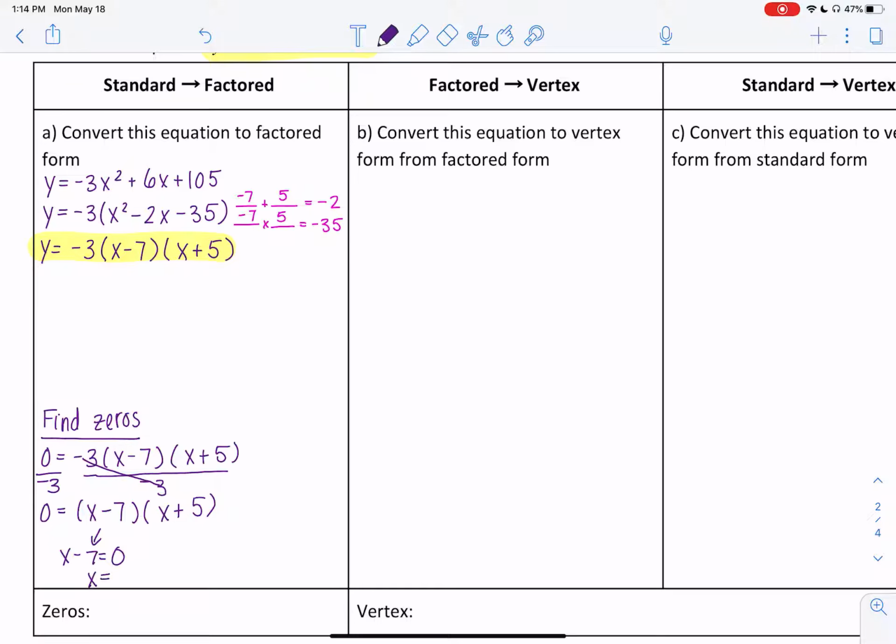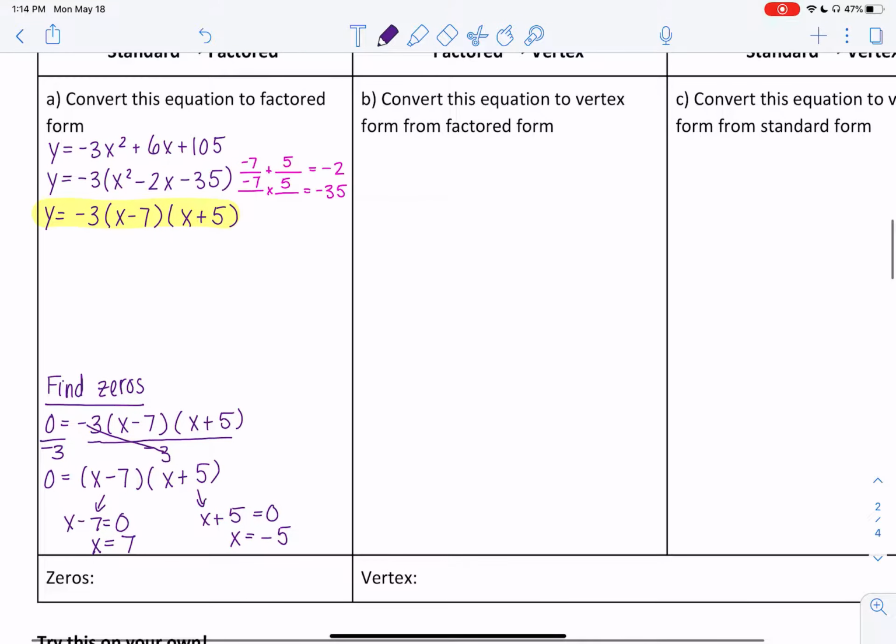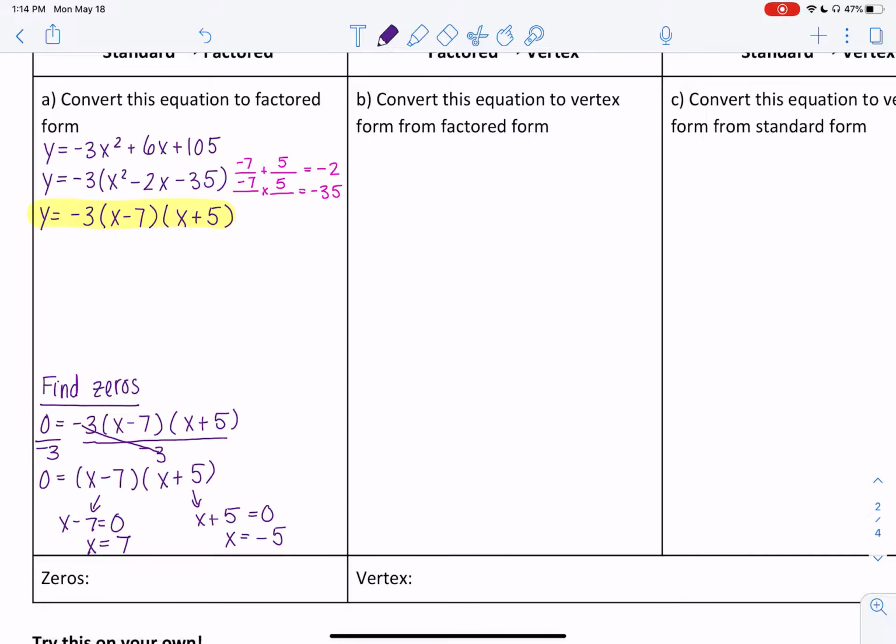So that will give us x equals +7. And we get x plus 5 equals 0. So that gives us x equals -5. So now, in addition to having our factored form, we've also used it and showed how useful it is. And we found our zeros at 7, 0, and at -5, 0.